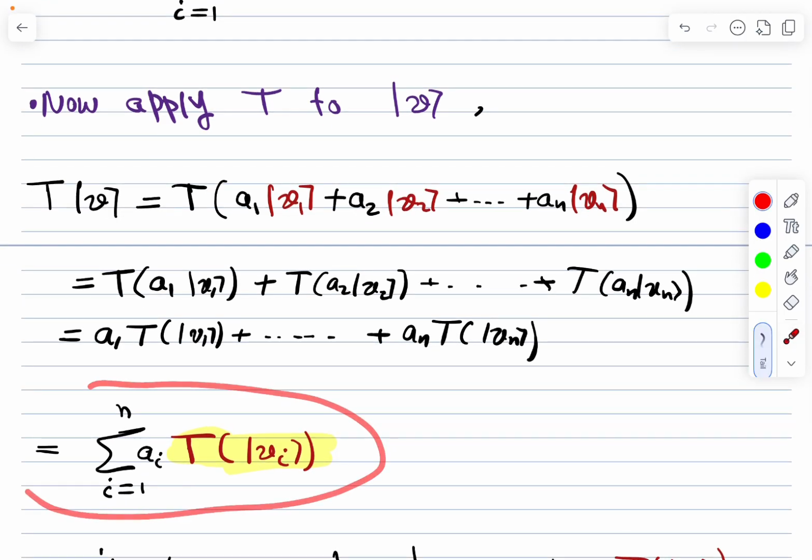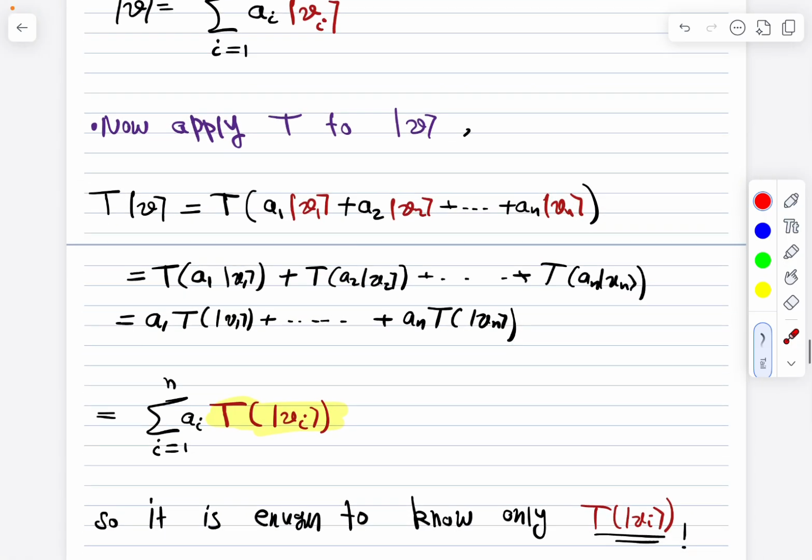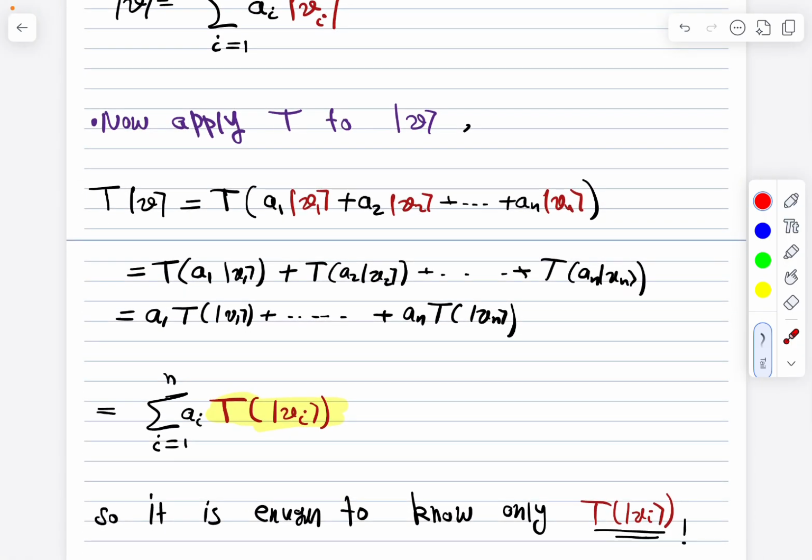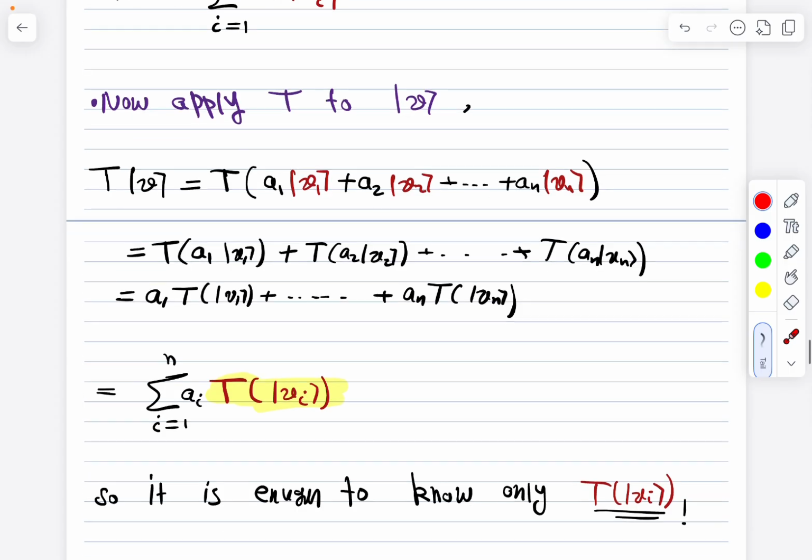So we notice a very important fact about linear operators on finite dimensional vector spaces: if we want to find the image of any vector under the operator T, it is enough to find the image of the basis under T, which reduces the calculation a lot. We need to calculate just T at the basis vectors, so we have n of them.